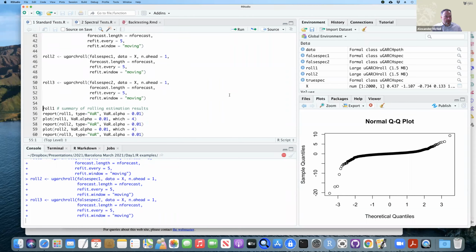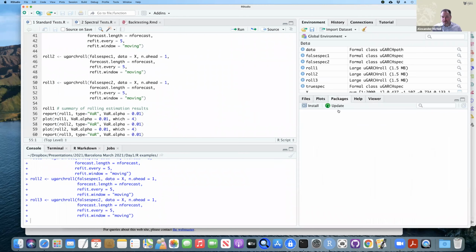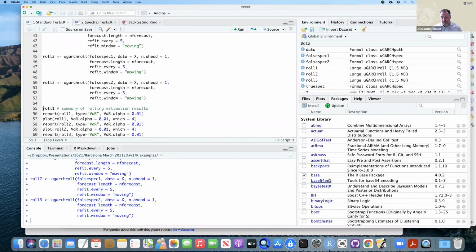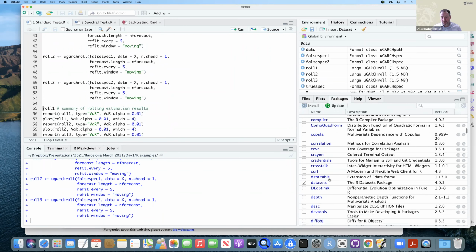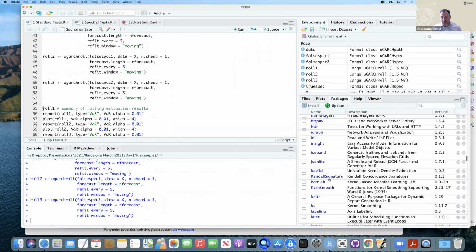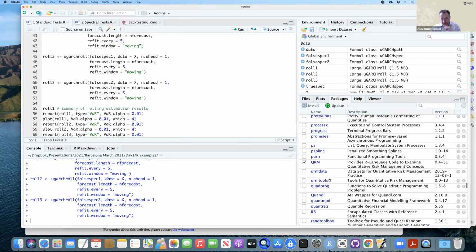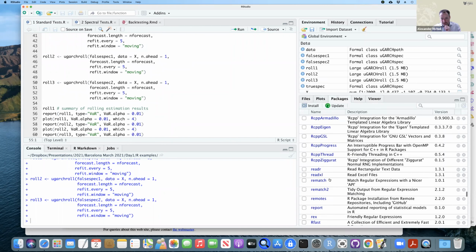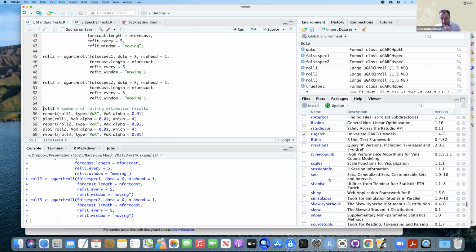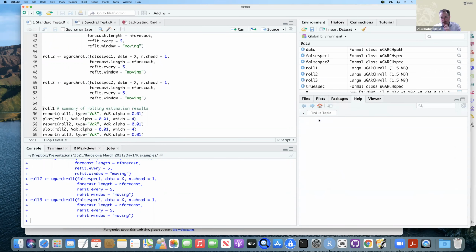This library was written by... so if you want to find out more about these packages in RStudio, you can have a look at the package documentation. So I'm looking for rugarch because that's the one I'm using. Yeah, there's rugarch.